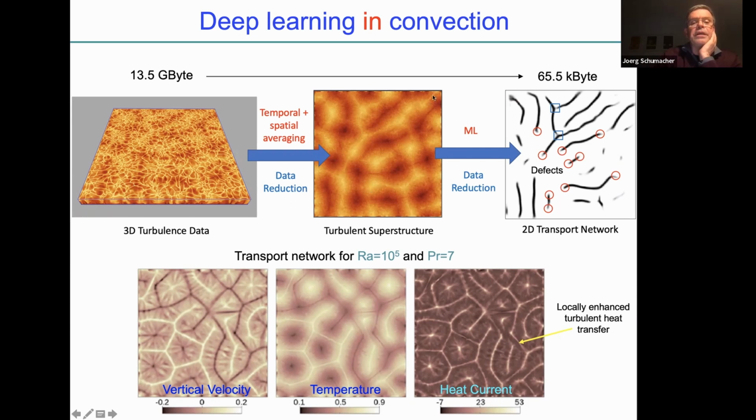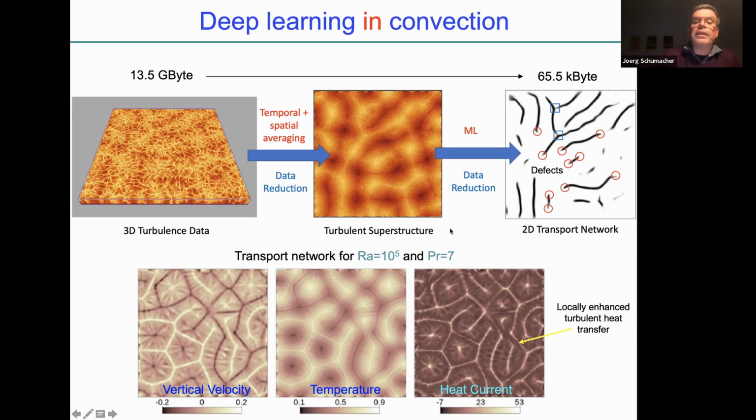And there you recognize these kind of patterns because you have removed all the small scale fluctuations. And you see these ridges here in dark and in yellow. And these are exactly the regions locally where we have the enhanced convective heat flux across the convection layer.